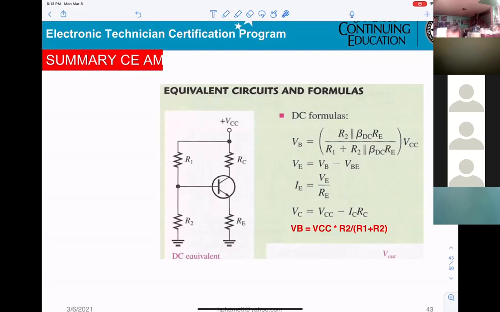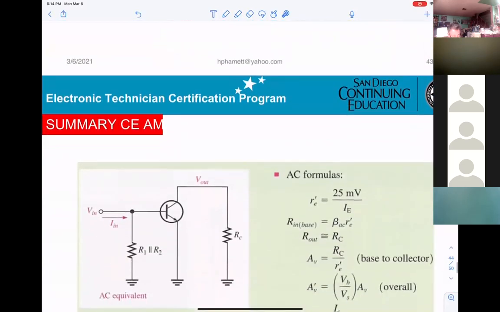The answer will be very close. If you want to calculate VE, it's VB minus VBE, 0.7 volt for silicon. IE equals VE divided by RE, and VC equals VCC minus IC RC. This one I gave you is another formula, simple: VCC times R2 divided by R1 plus R2.